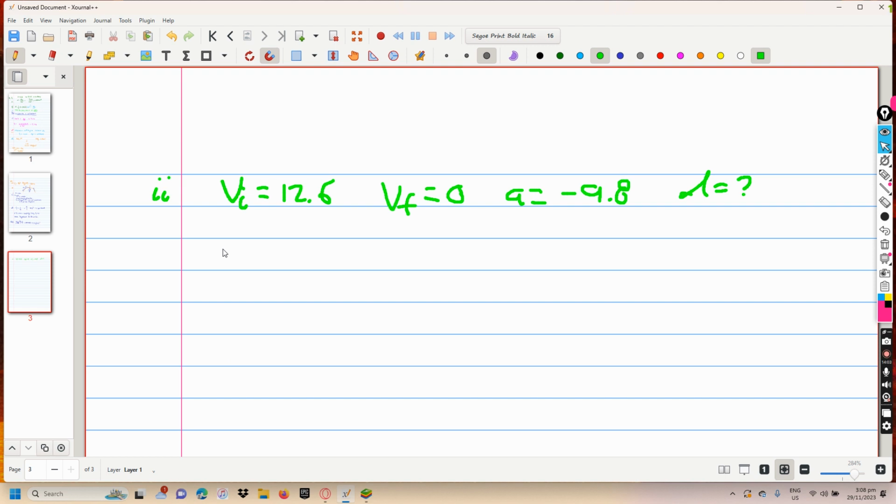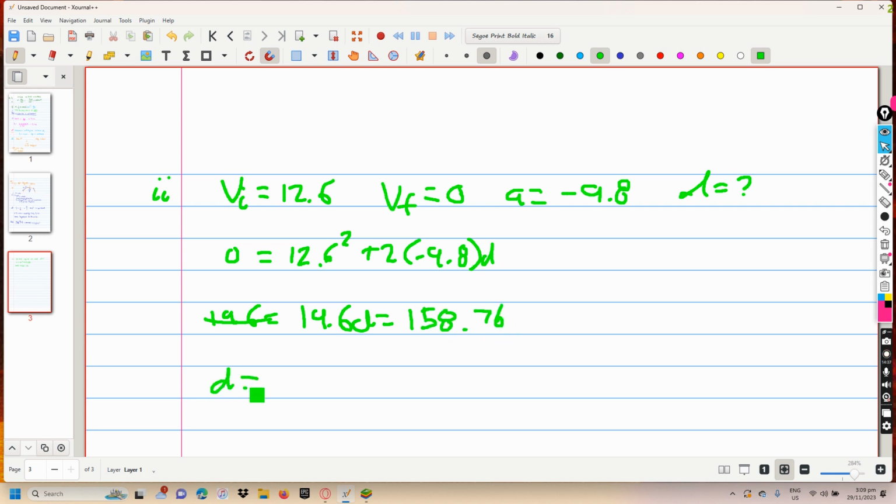Looks like we're going to use Vf squared equals Vi squared plus 2AD, so 0 equals 12.6 squared plus 2 times minus 9.8 d, hence 2 times 9.8, 19.6d is equal to 12.6 squared, 158.76, so d is equal to 8.1 meters.